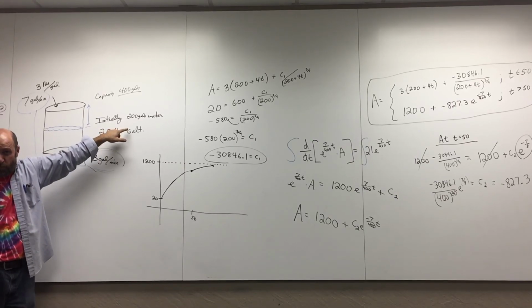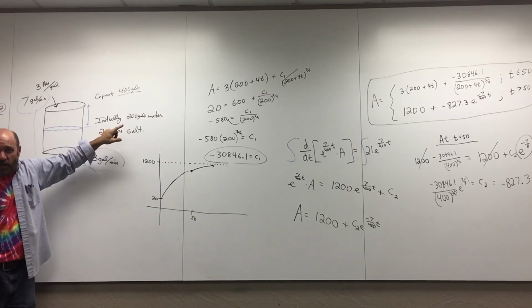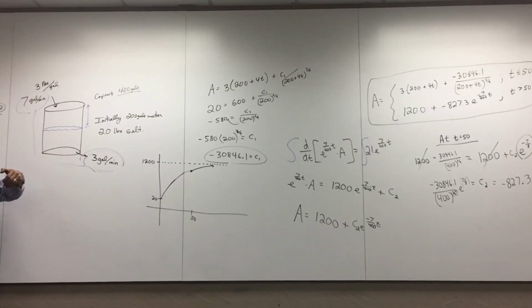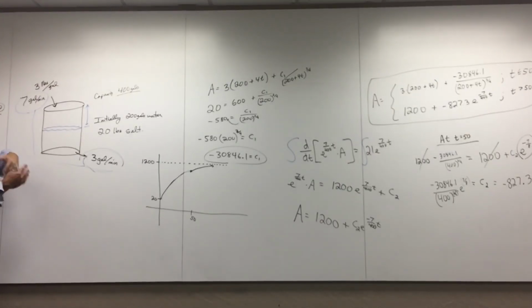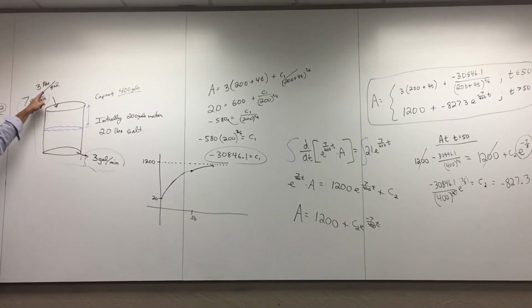That concentration is 0.1 pounds per gallon. What's coming in is pretty concentrated stuff. It's 3 pounds per gallon. So it's becoming more concentrated as we go. But the incoming concentration sort of dictates the whole thing. We can never get higher than the incoming concentration.